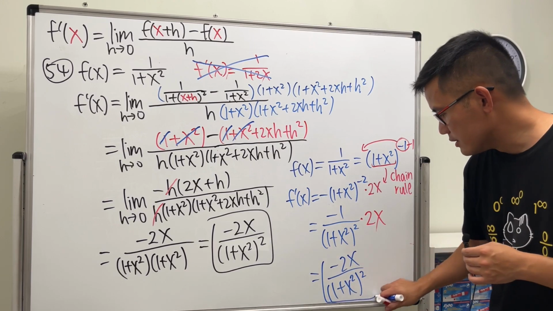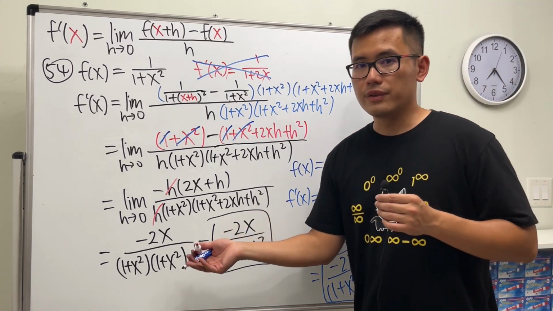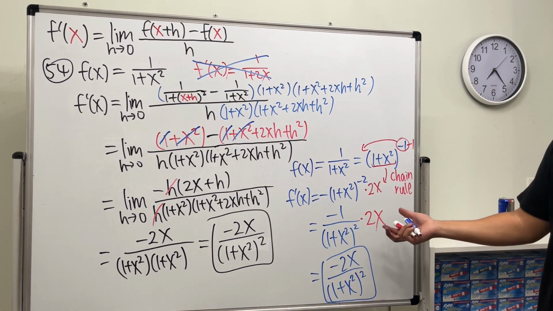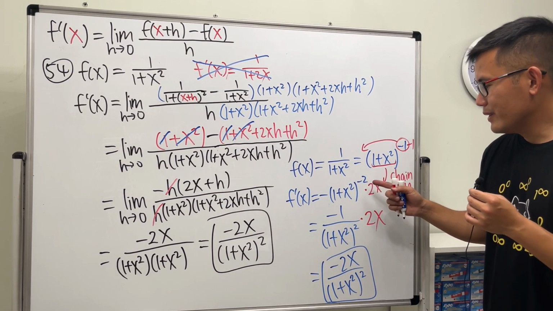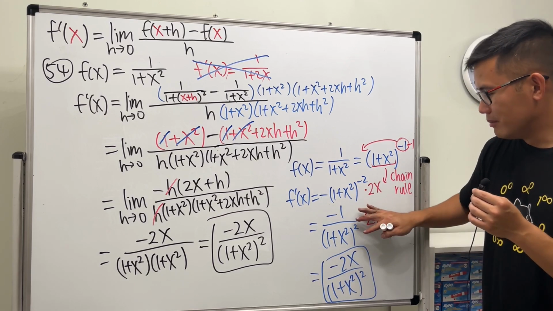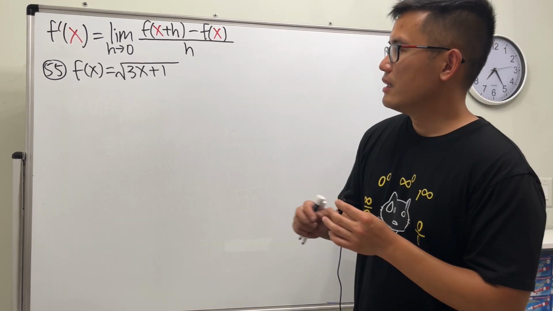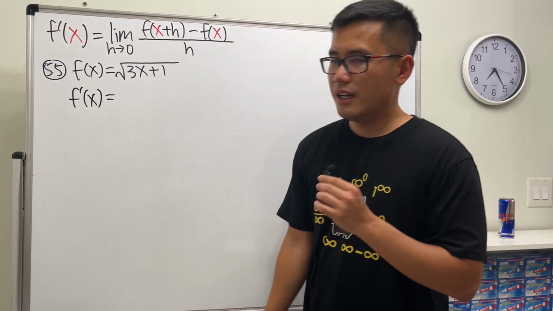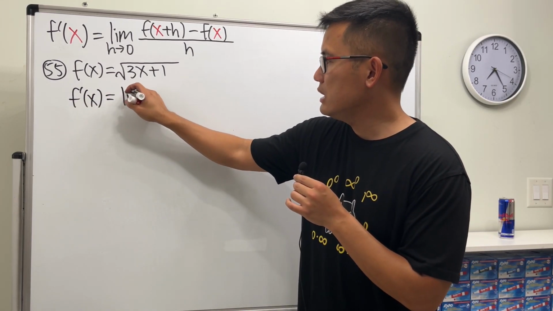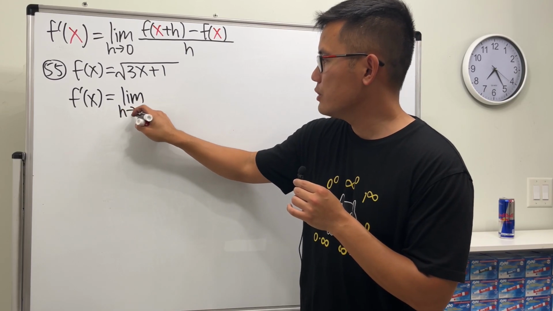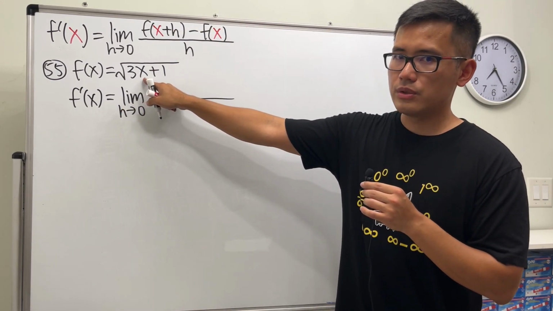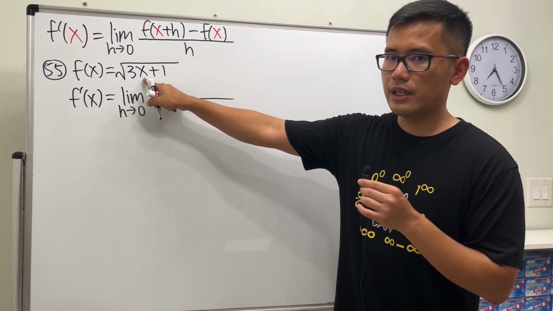So hopefully you guys can see why we need the definition of derivative. It tells you what has to be right. If you want to use the shortcut earlier without seeing that, then we'll miss the 2x. First, let's do the legitimate way. F prime of x equals the limit as h approaching 0 of F of x plus h, you change the x to x plus h.